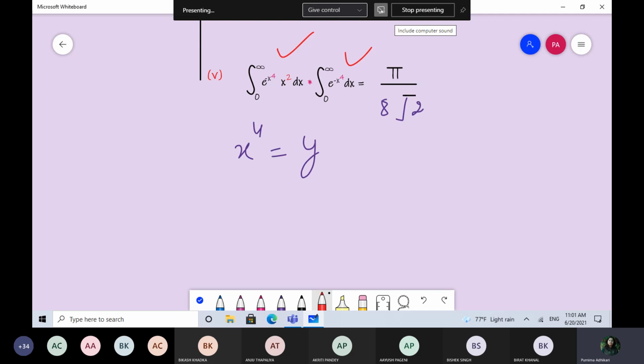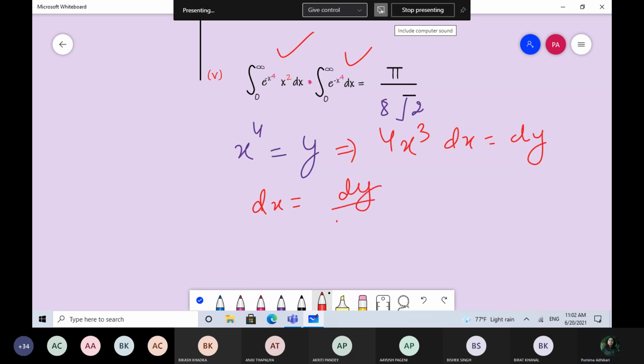Okay, so when you assume x to the power 4 equals y, then 4x cube dx equals dy. Now do you see x cube in both the terms? No. So what are we going to do? We are going to take this x cube to the other side. So dx equals, now we have taken this to the other side, we have to convert it into y terms. So x cube in terms of y, what can we write? Using the substitution, tell me x cube in terms of y.